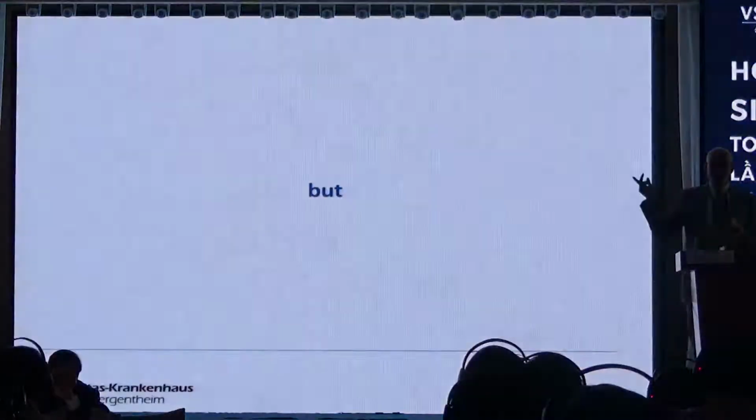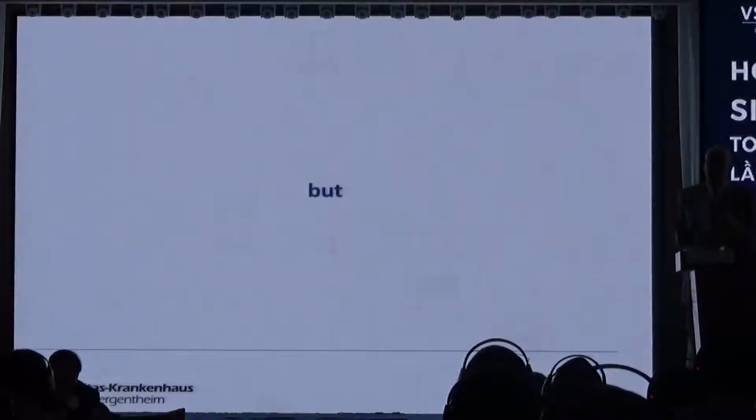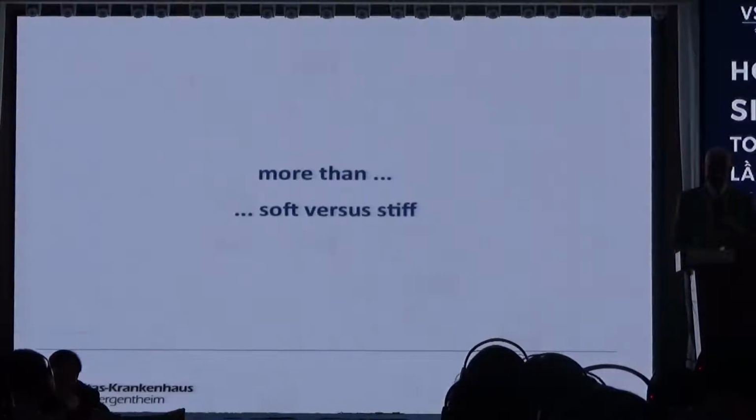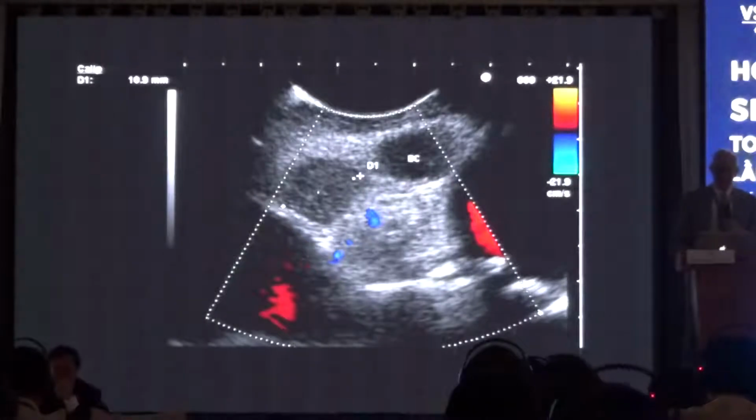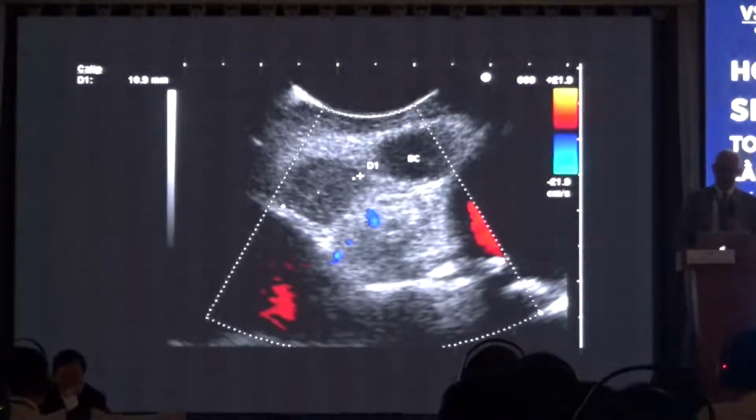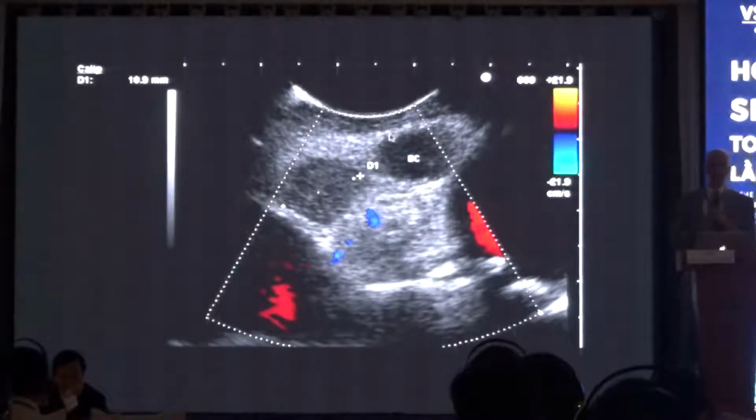For all what I'm showing you right now, there is no published evidence. Those are observational ideas, and I will discuss them with you right now. This is the subcarinal region below the bronchi. You can see two lymph nodes, and it was this one which finally was the infiltration of bronchial carcinoma.